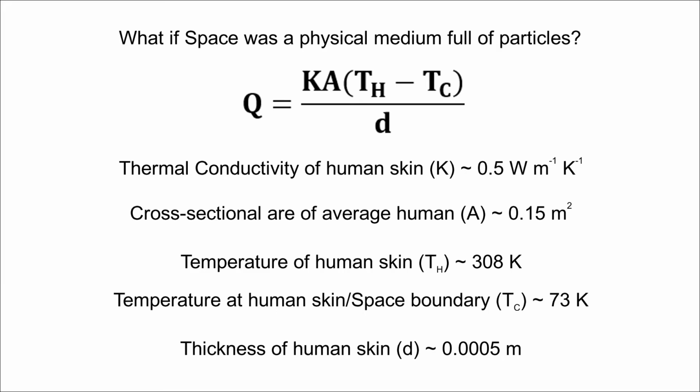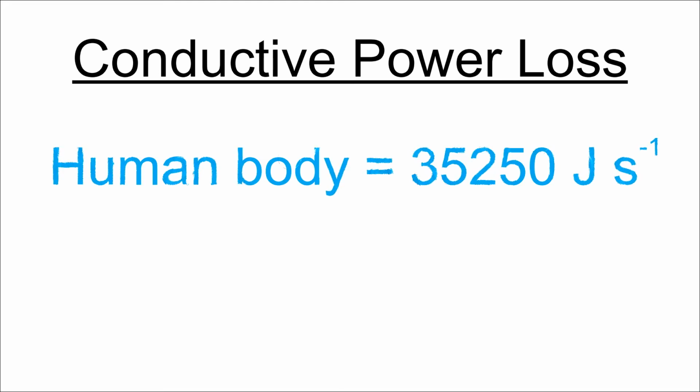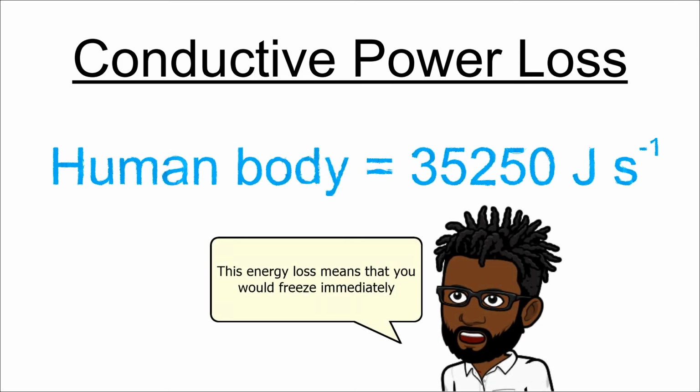That's almost 0 Kelvin. The conductive power loss from finding ourselves in space is 35,000 joules per second. This would mean that if we came into contact with space, we would freeze immediately. Thank God it's a medium that's empty.